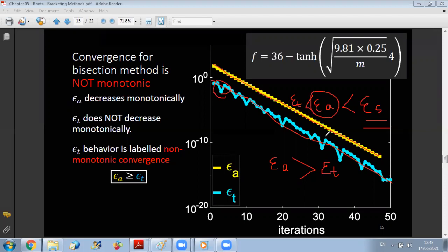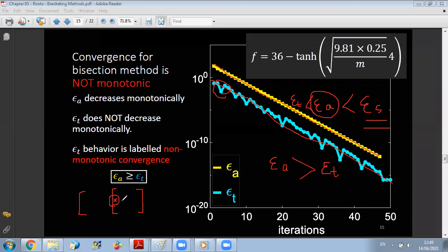Now, why do we have this behavior? Why can epsilon true oscillate? To understand this, I will give you a simple example. If you take a certain bracket and your root is very close to the center, then from the first iteration, when you divide your bracket into two, you are already very close to the solution.